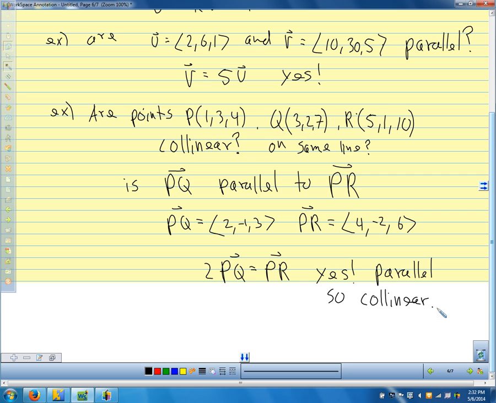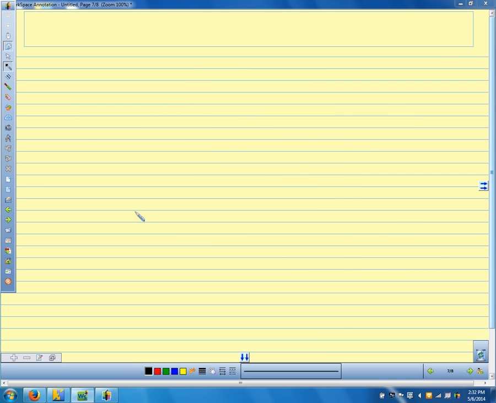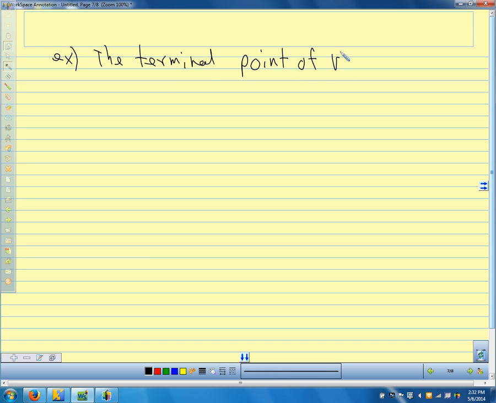All right, one last example, and then we're done. For this example, we know the terminal point of our vector v, and vector v is 1, 3, 5.